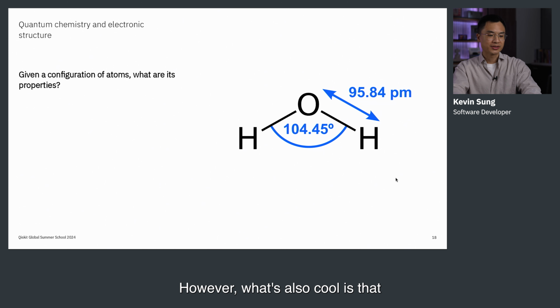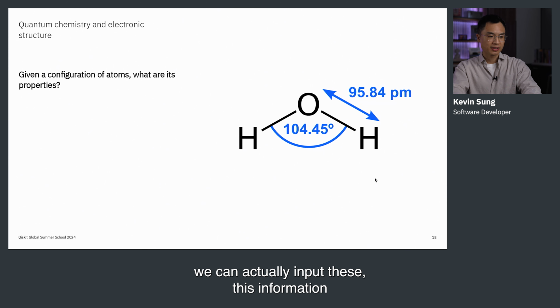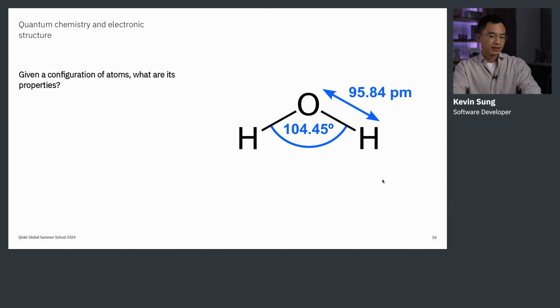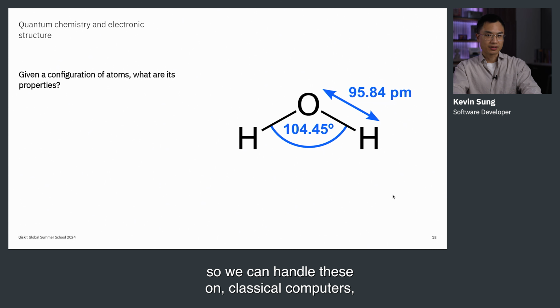However, what's also cool is that we can input this information, or the configuration of the atoms, onto a computer, and because we know the laws of quantum mechanics, we can actually compute the bond length and the angle. We can compute these quantities on a computer. So this is water, which is a fairly small molecule, so we can handle these on classical computers.